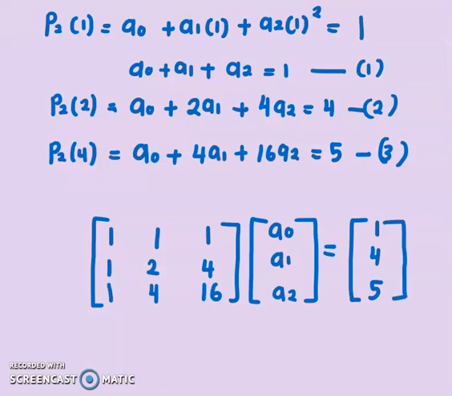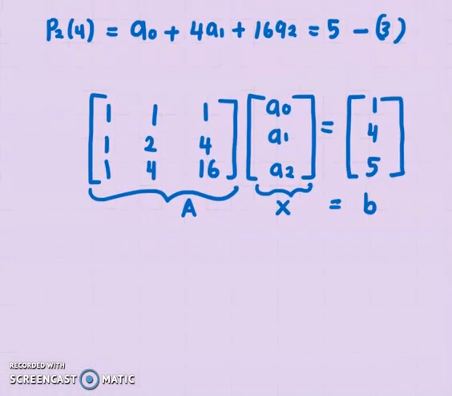If you solve this 3 by 3 matrix, you can find the coefficients a0, a1, a2. If you remember, we always write this as Ax equals b.